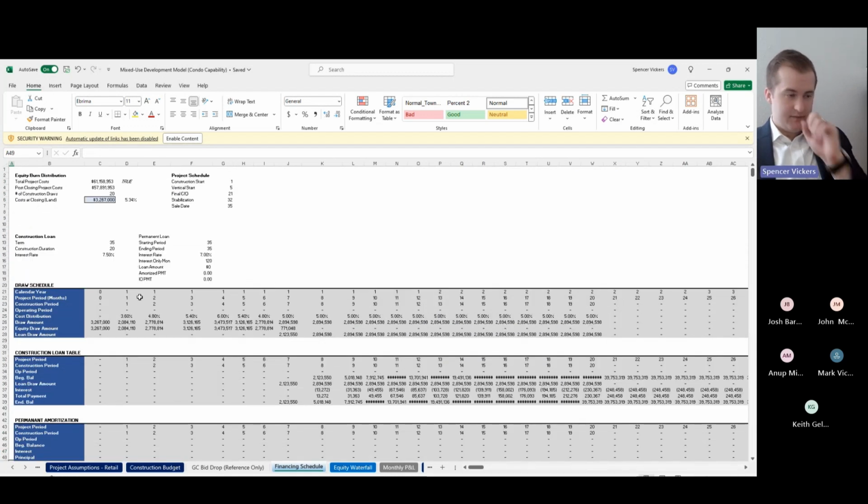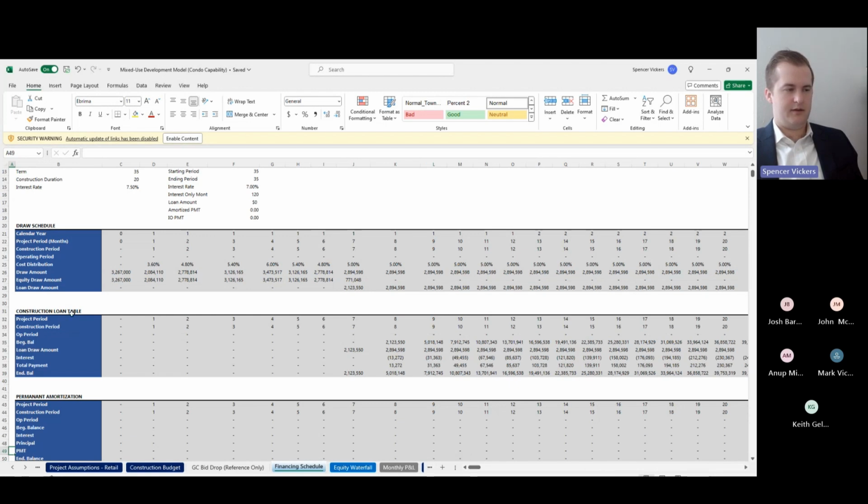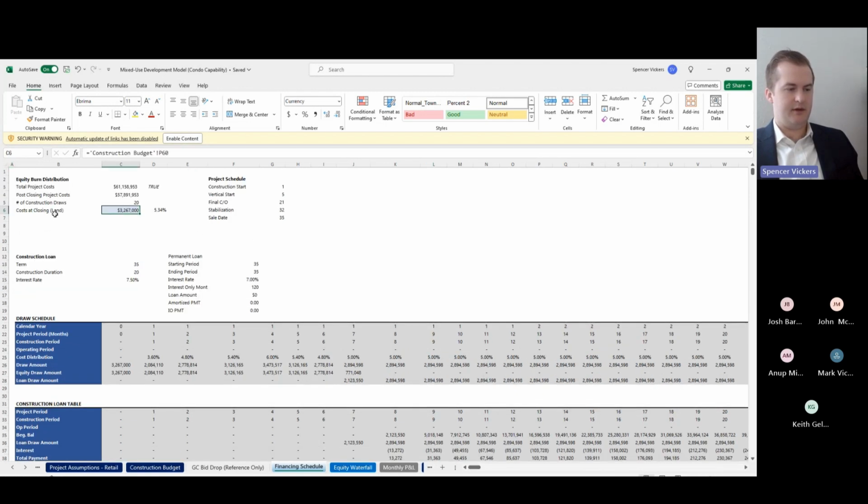Financing schedule. This sheet gives you a place to detail what costs you want included at month 0. Currently that's set to just the land, but if you wanted to let more costs flow at month 0, you could do that.